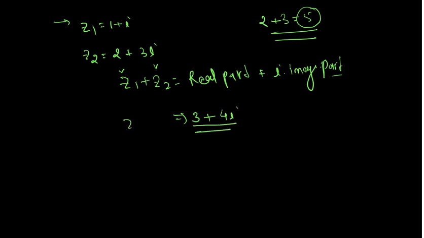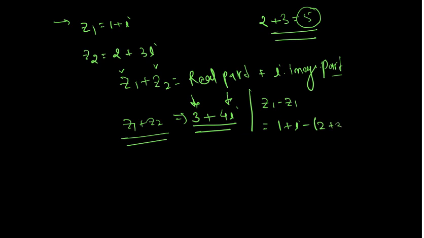So in case of summation of two complex numbers, the real part will get added together and the imaginary part will get added together. Same thing is with the difference. If you want to get z1 minus z2, then 1 plus i minus times of 2 plus 3i. In that case, 1 minus 2 will come plus i minus 3i will come.